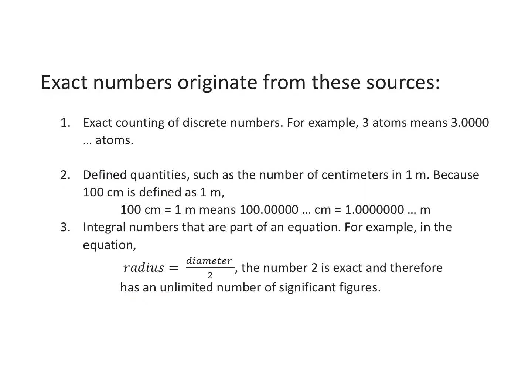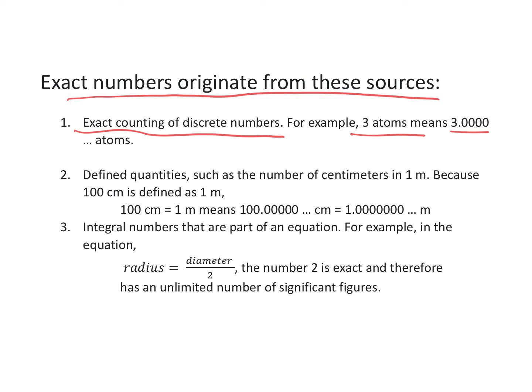And here, and I just borrowed this from your book, exact numbers originate from these sources. So exact counting of discrete numbers, as we said, like 3 atoms. And as you remember, exact numbers have an unlimited number of significant figures. So if I say 3 atoms, it means 3.0000 and unlimited till infinity.